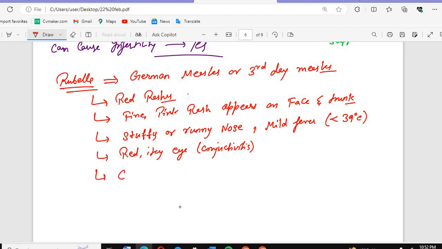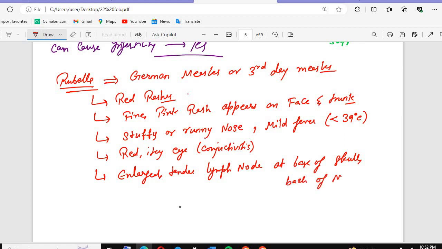There will be enlarged tender lymph nodes at the base of the skull, or maybe at the back of the neck, mainly tender lymph nodes behind the ears.